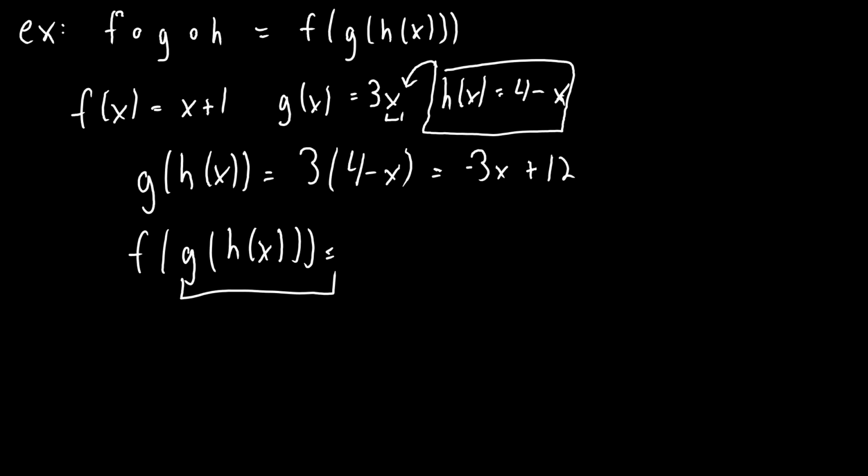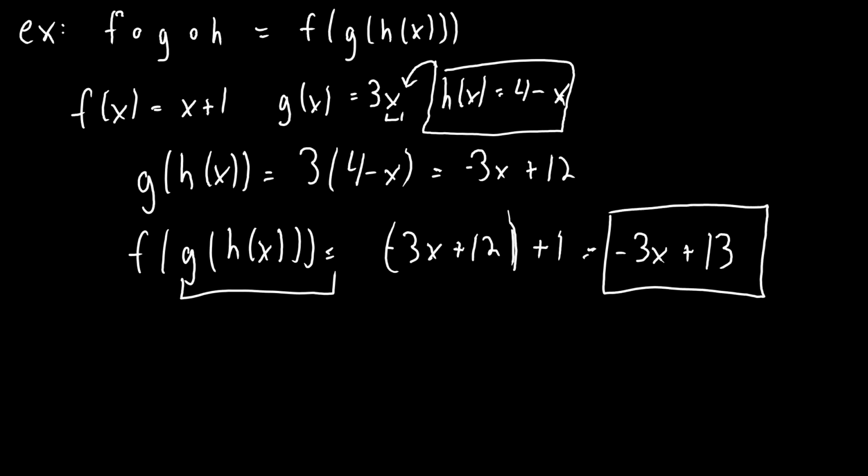So it's going to be negative 3x plus 12, and then plus 1. Once again, distribute: negative 3x plus 13. And that is your final answer for that example.